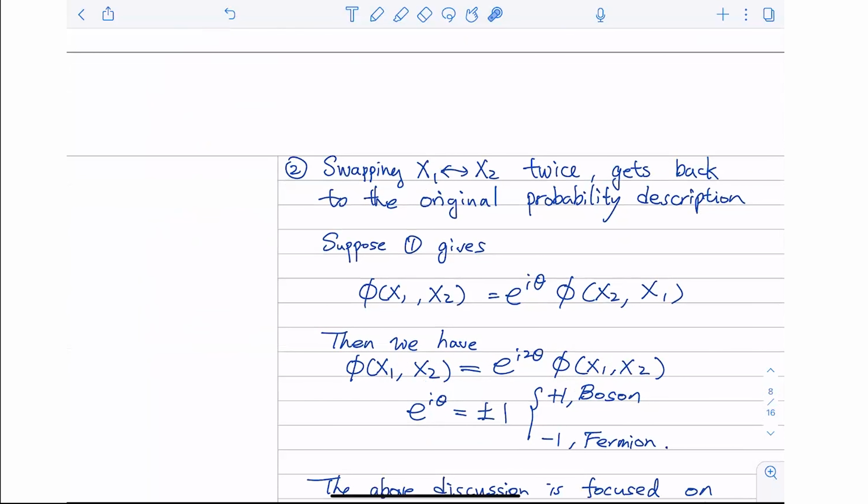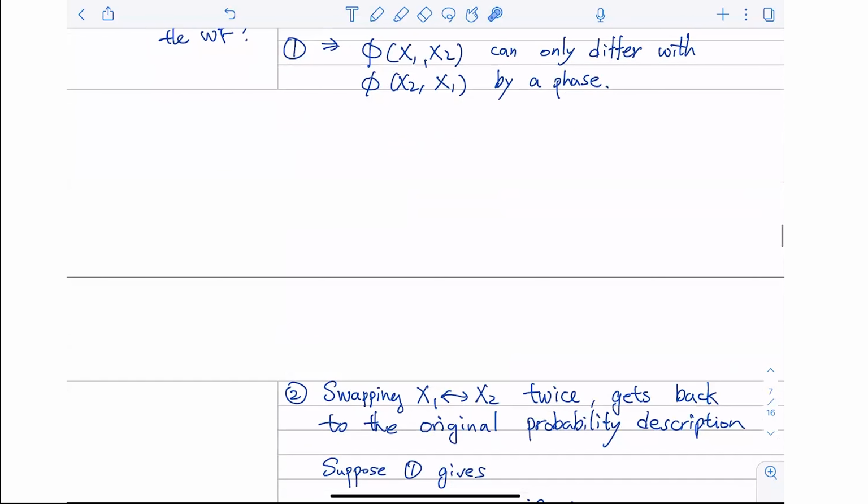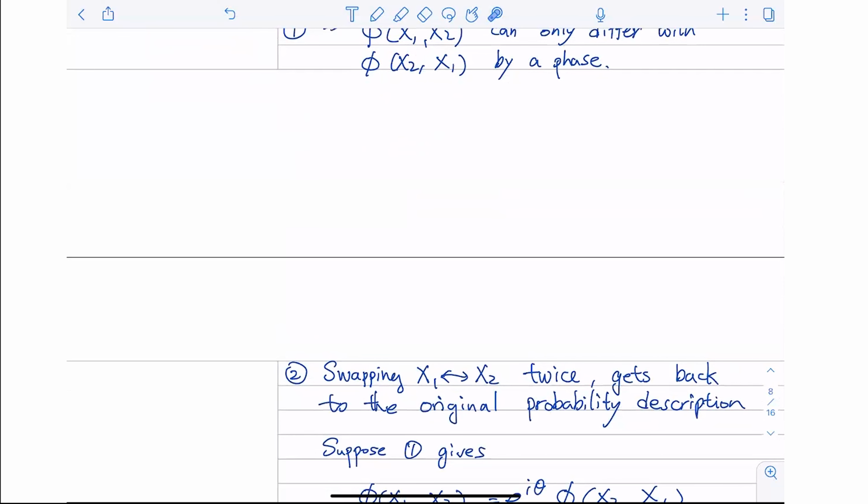There's another very important property: the operation that swaps x1 and x2, if performed twice, should get back to the original status. That is, if we swap x1 and x2 twice, we get back to the original probability description.